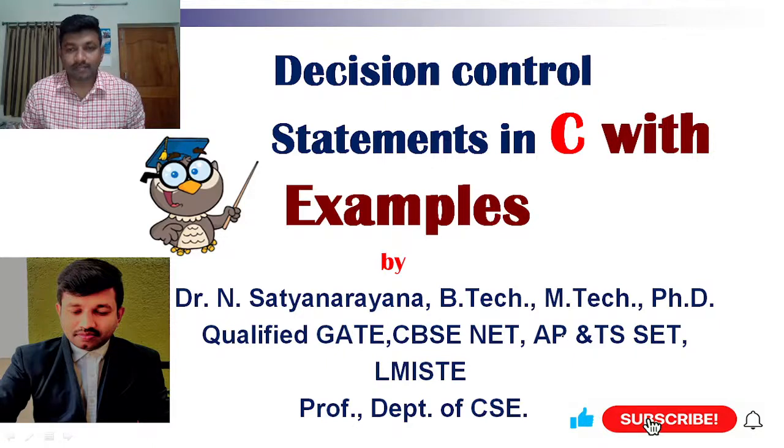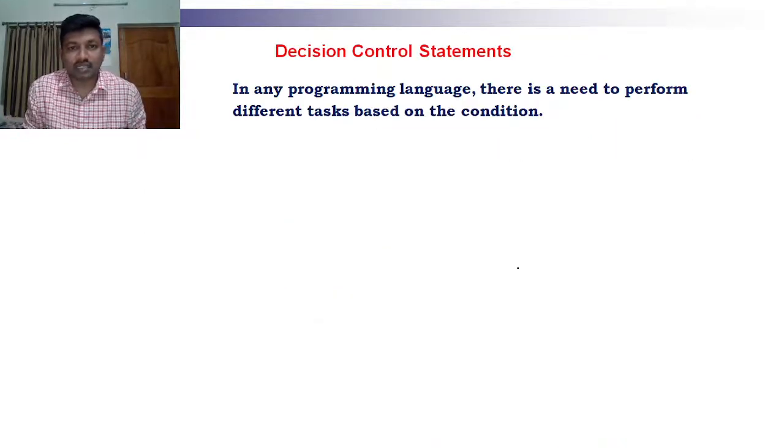Like this, if body temperature is very high, then you may be advised to take paracetamol. So there are situations where we take decisions based on the outcome of the test conditions. Such scenarios can be handled in a programming language by using decision control statements.